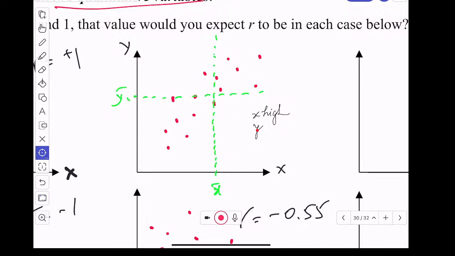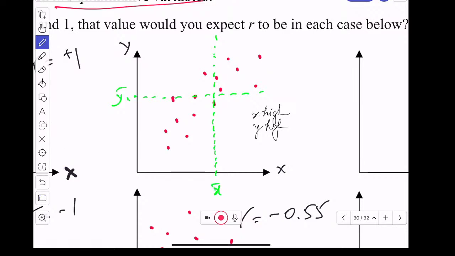Is Y above or below its mean? Okay, X high, Y high, very good. So X high, Y high.